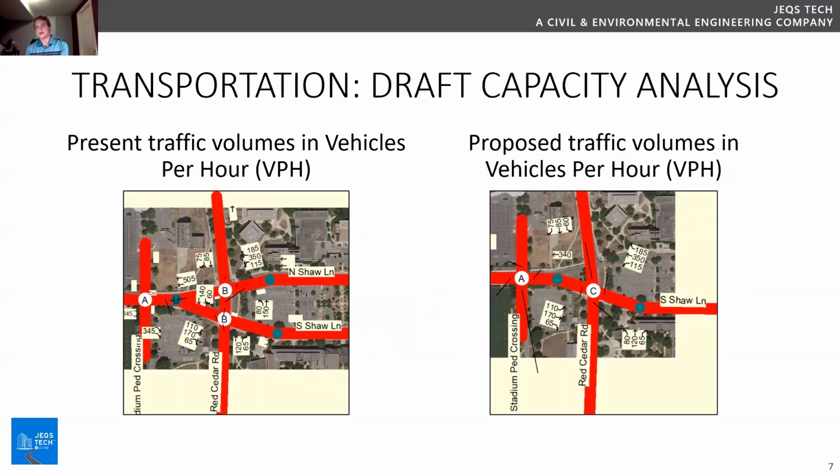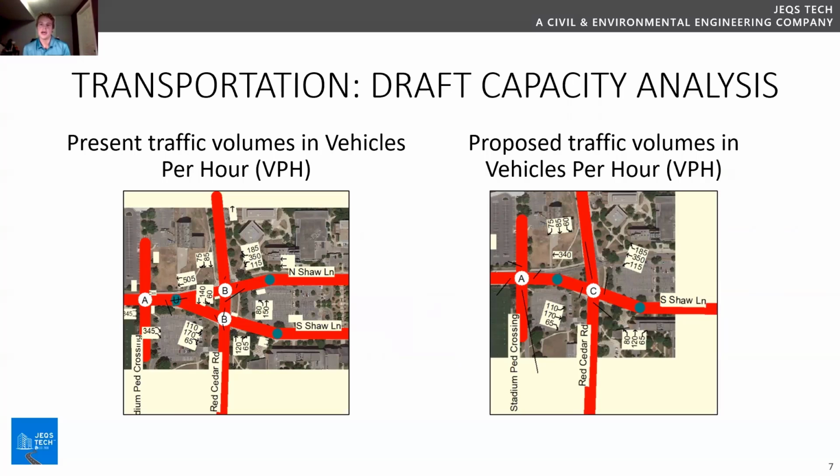As you can see on the right side of the figure, it's just one single lane with a turning movement in each direction. So we interpolated the traffic volumes into the right side figure to incorporate all of the traffic volumes for the proposed design.